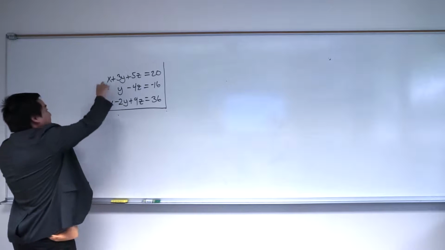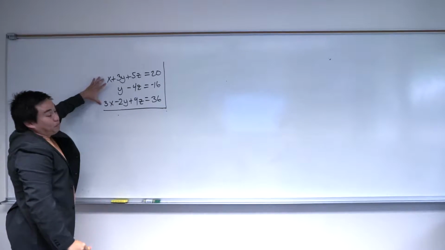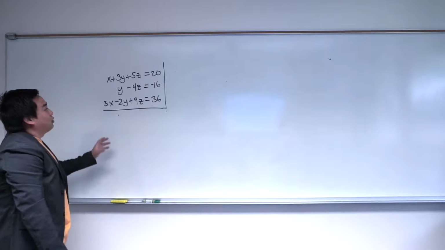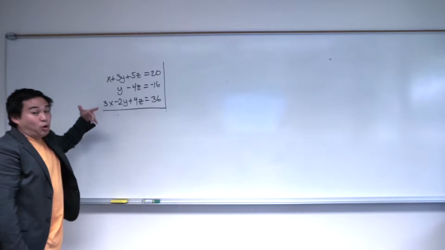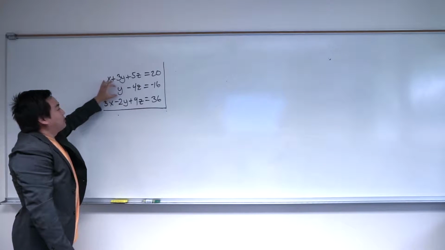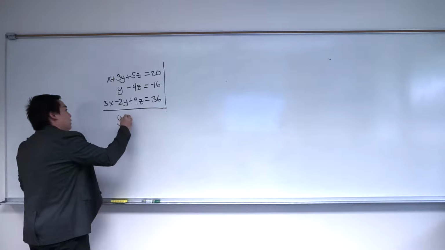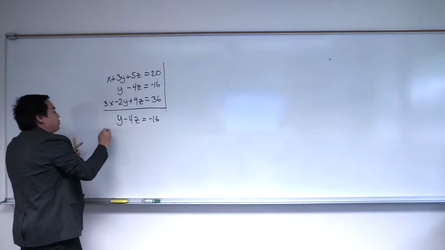We can set them up as these 2 being a pair and these 2 being a pair, or the top and the bottom being a pair, and the x and y pair up with another one. The goal, though, is to pick a variable that's easy to cancel with all 3. Since this y variable is really nice, I'm going to make this one the main, and I'm going to pair it up with the other 2.